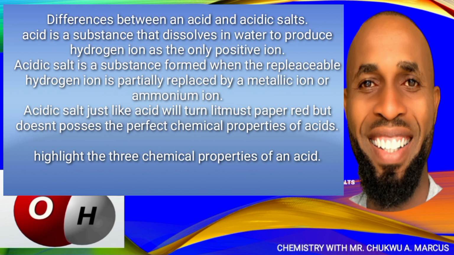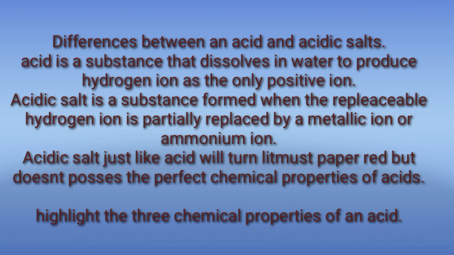They will show some properties that look alike, like the acidic salt will turn blue litmus paper red, but the main characteristics of an acid based on the chemical properties will not be seen in an acidic salt. So we were able to distinguish the difference.